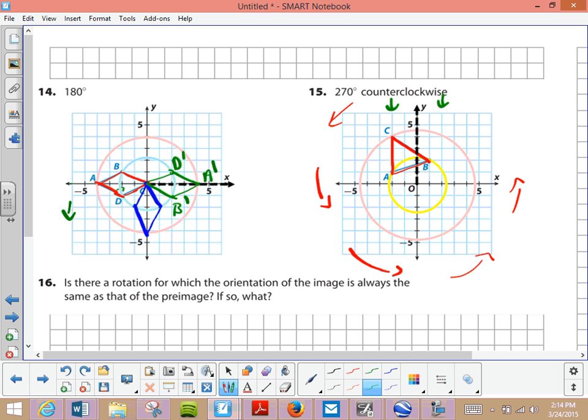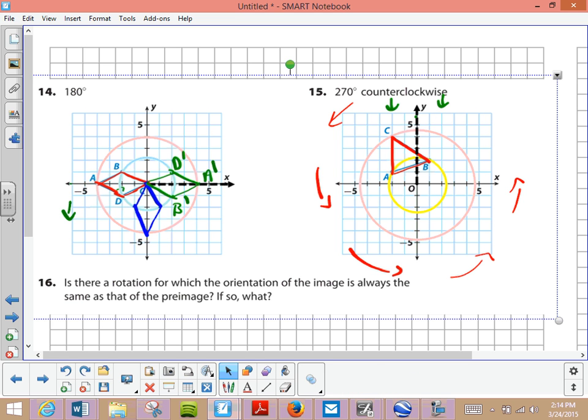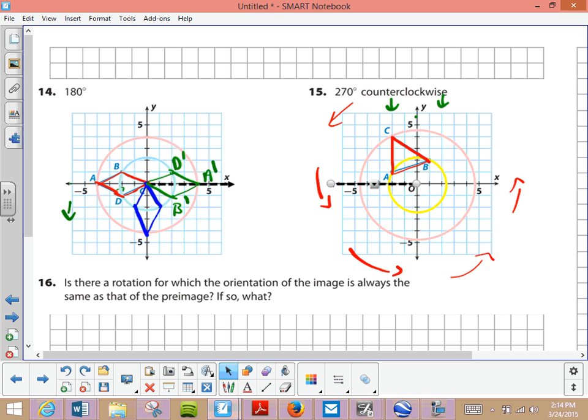So if I'm rotating this guy not 90, not 180, but 270, where should B be? Behind on where? How many units? 2? 1. Sorry. Okay, so I go to 2, and then it has to be 1.